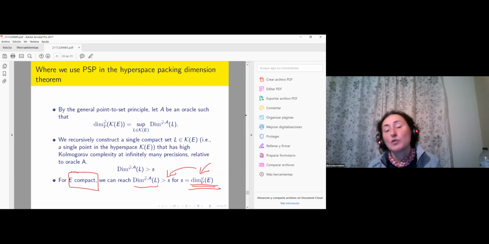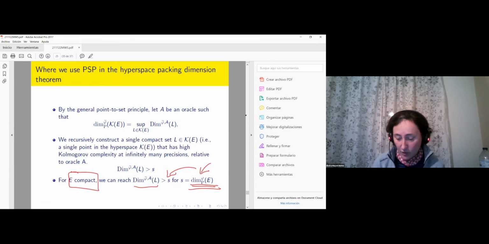Then, of course, since we were looking at analytic sets, this is where you use that the dimension of analytic sets can be very well represented by compact subsets. Okay, so it's both for packing and for Hausdorff dimension. The dimension of an analytic set is equal or very close, well, it depends really on which result you need, to the dimension of many of its compact subsets. At least there's one that represents the dimension of the analytic set.